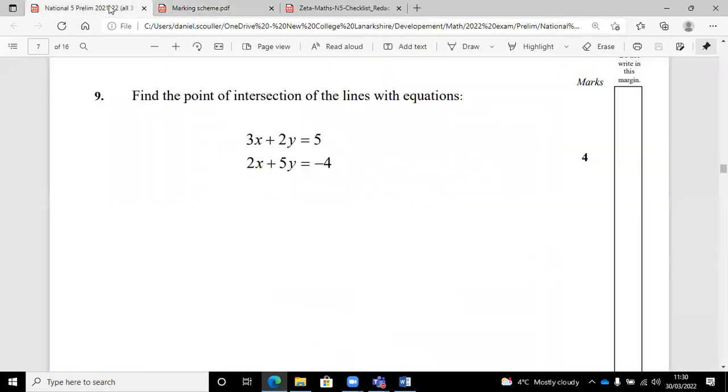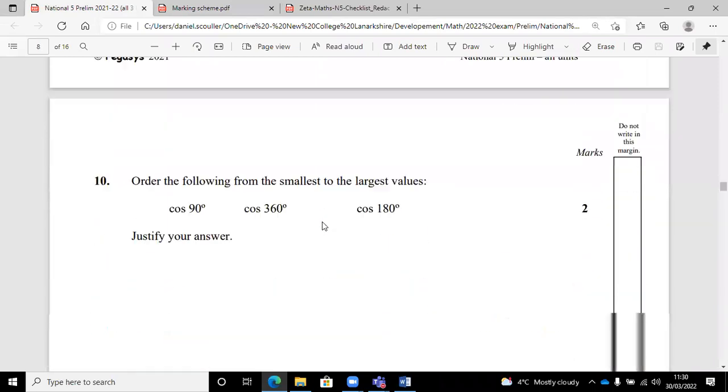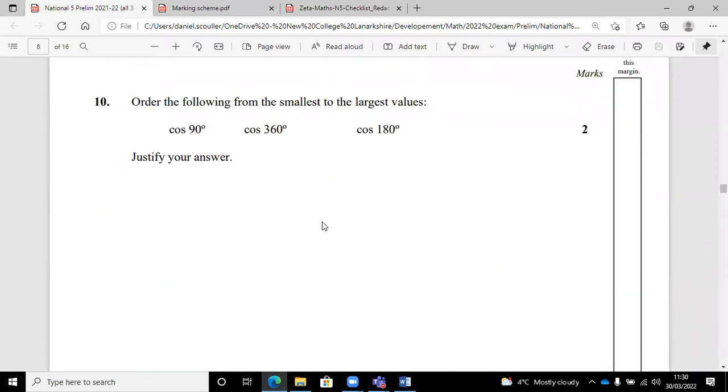Next question, question 10. Probably single worst question done across the whole paper. Okay, probably one of the easier ones.